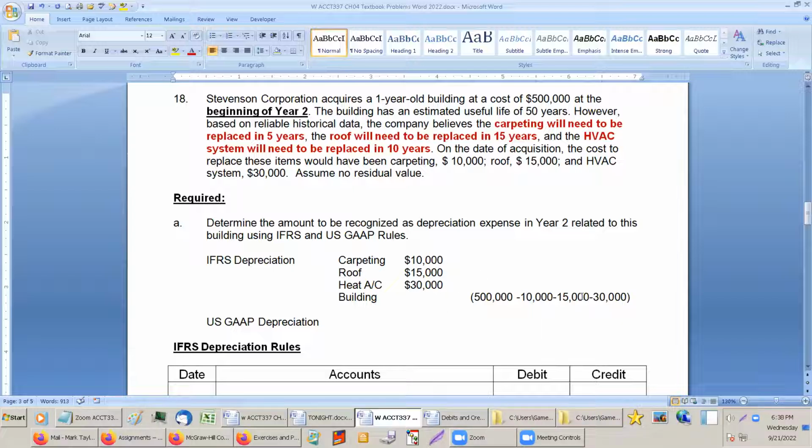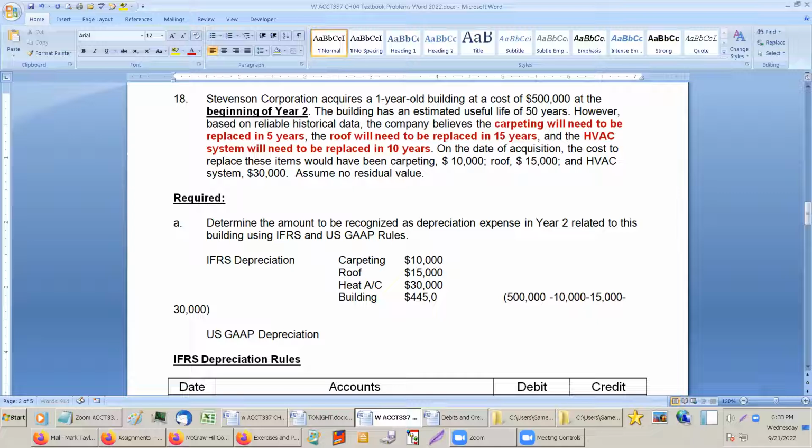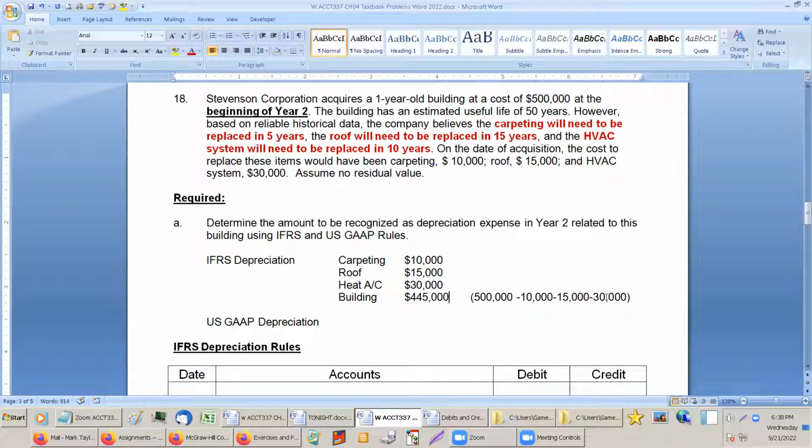That's 445,000. May want to check that. Yes, I think that's right.